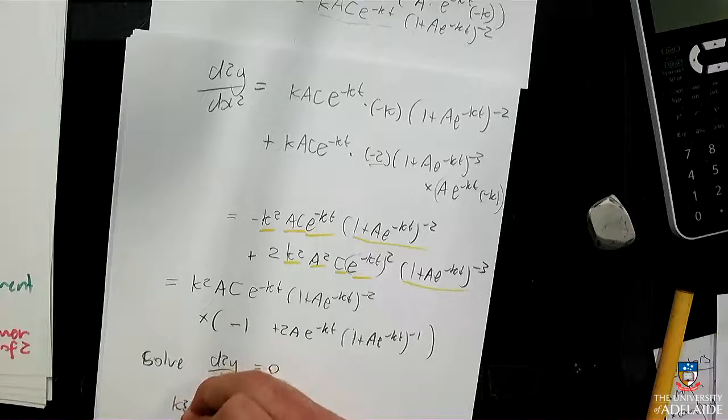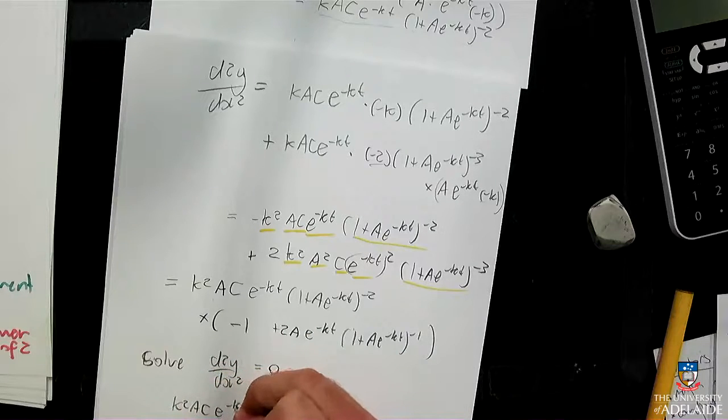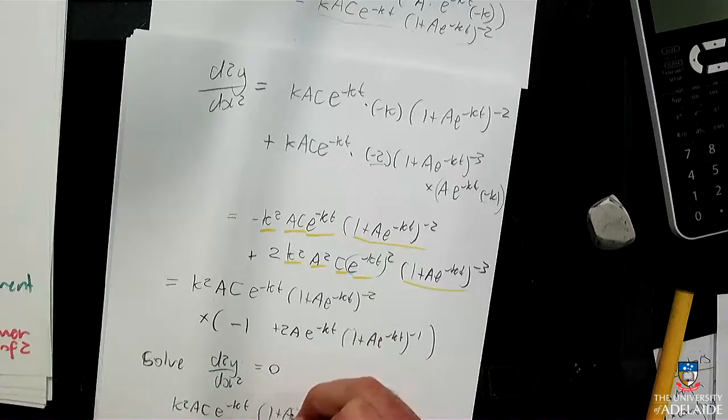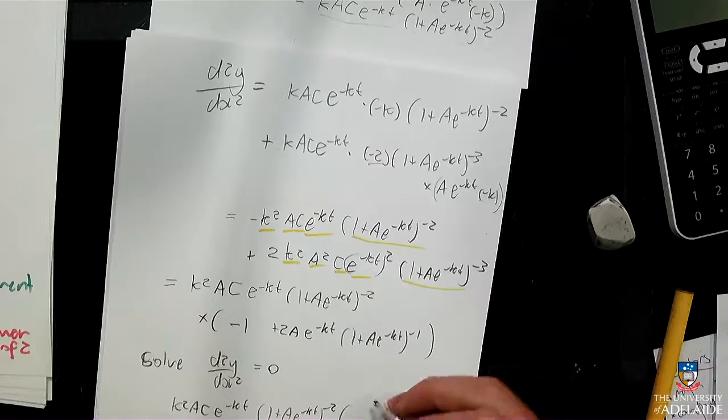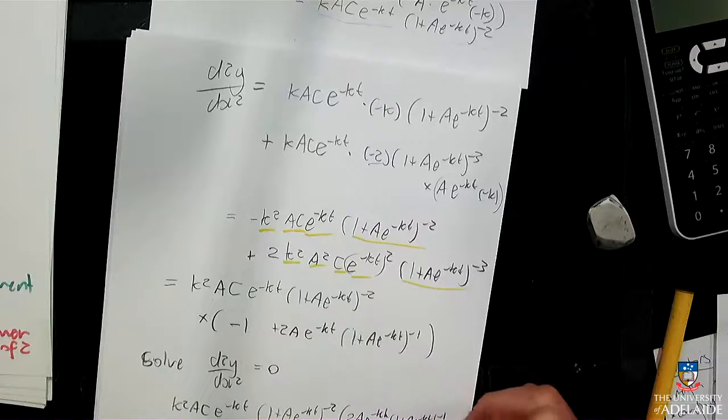So k squared a c e to the minus kt (1 plus a e to the minus kt) to the minus 2 times [2a e to the minus kt (1 plus a e to the minus kt) to the minus 1 minus 1] is 0.